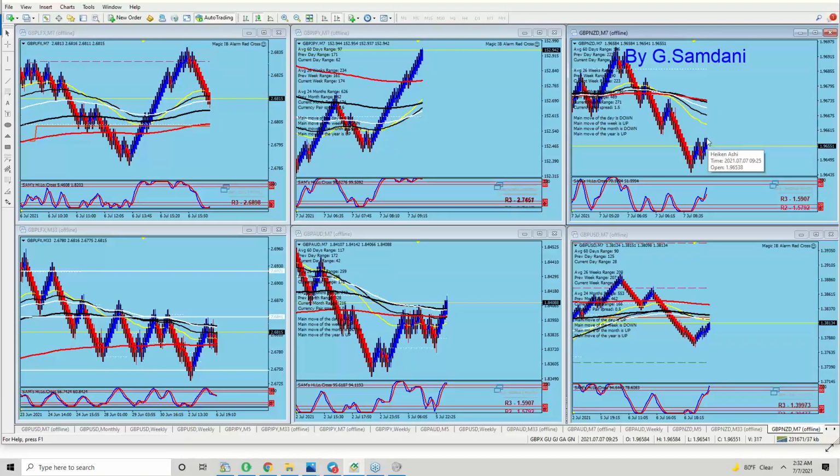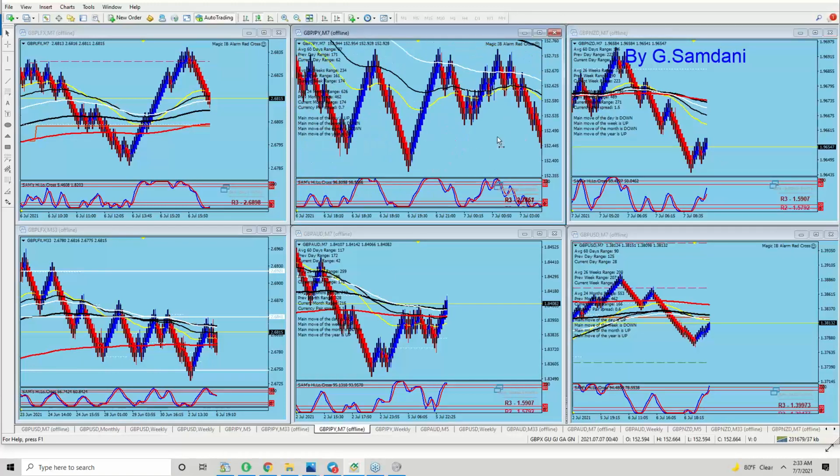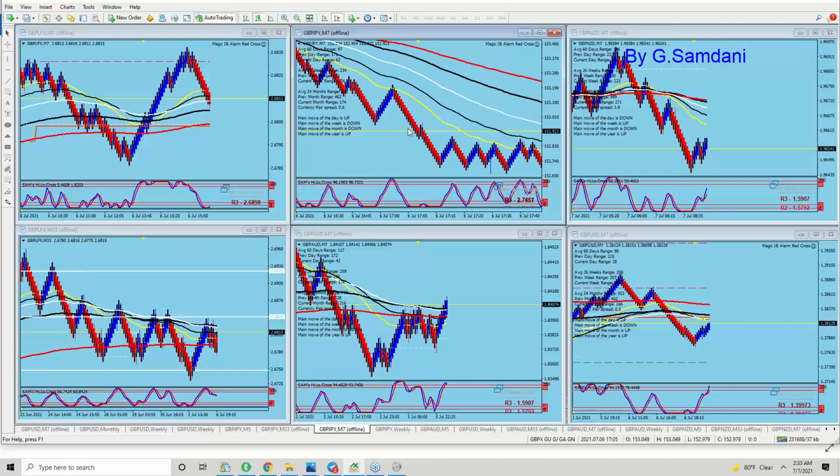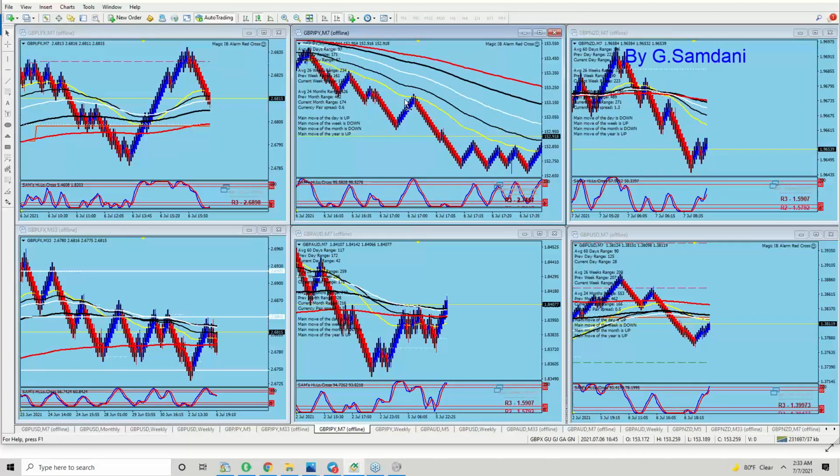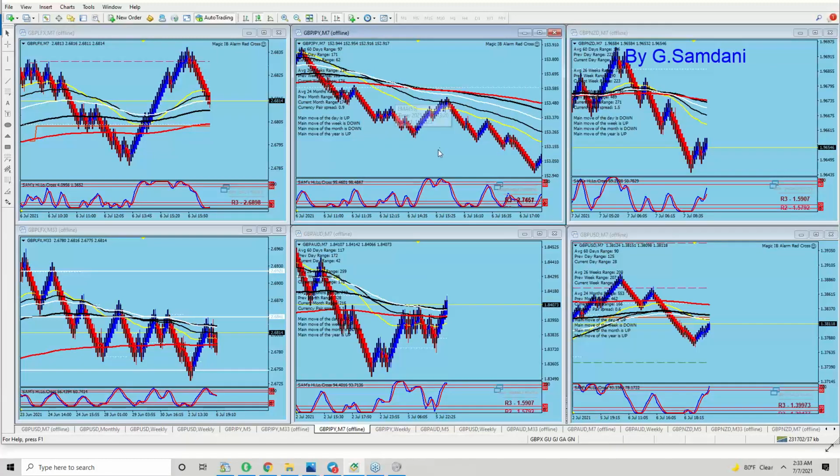So if this goes here somewhere and then makes the turn to the downside, that's a short entry exactly like this one. Let me show you more clearly. See that? It opens up here, and now it is doing the same thing. It came down here, so now it may go up here and then make something like this and drop.